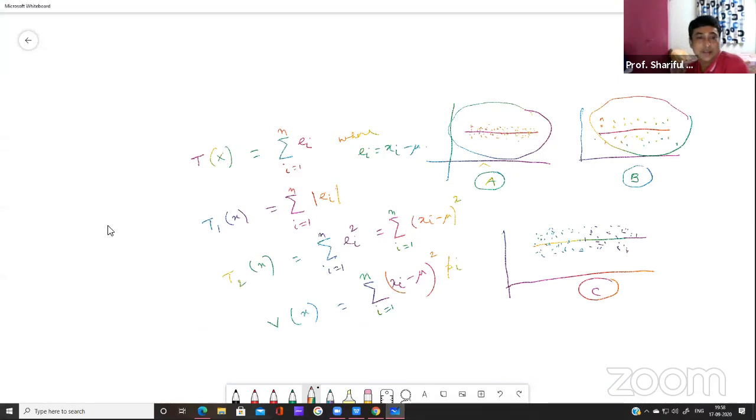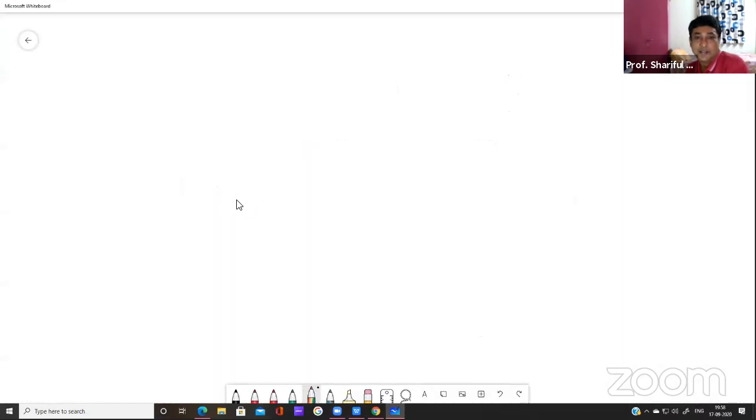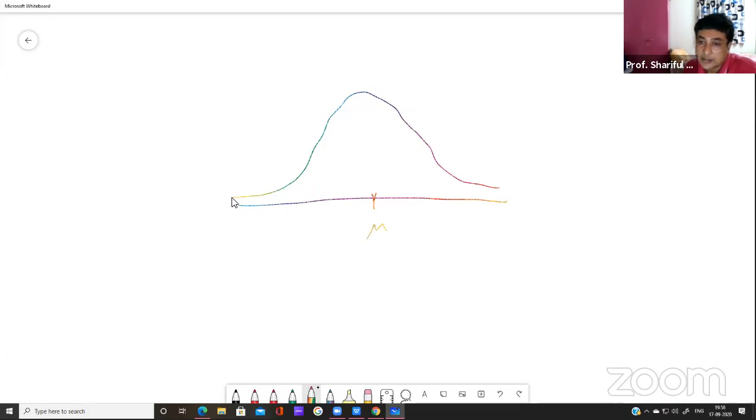So in 6 sigma level, if we assume this is a normal distribution, this is the mean, and this is the 6 sigma distance. Let this be mu plus 6 sigma, and this be mu minus 6 sigma. So maximum data will be covered within this area.